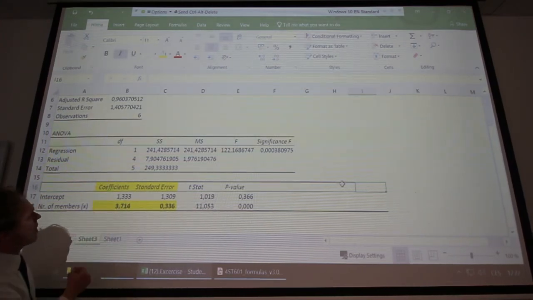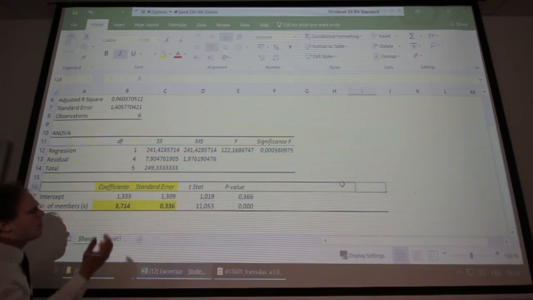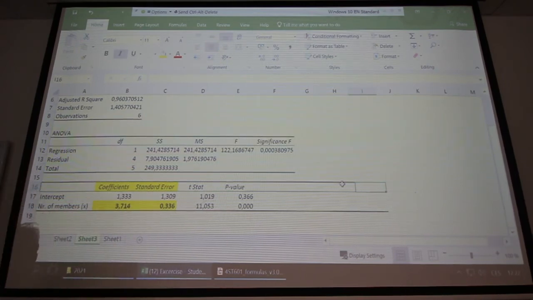Do you remember our regression line about the development of expenditures and the number of members?